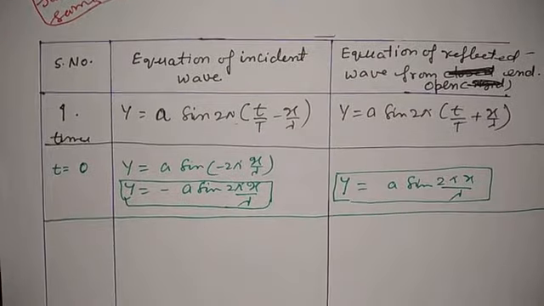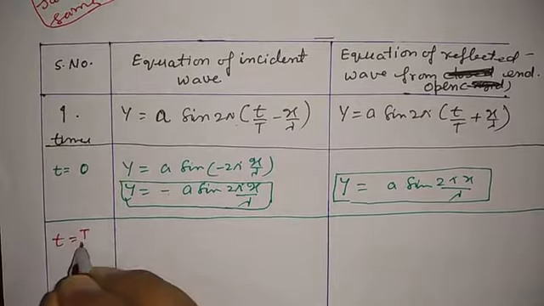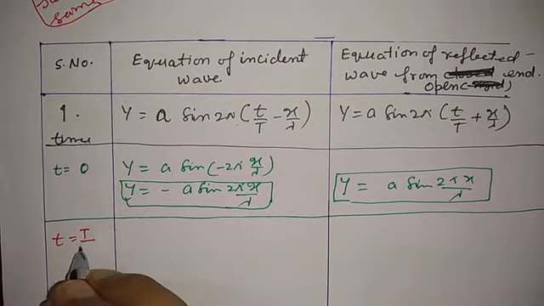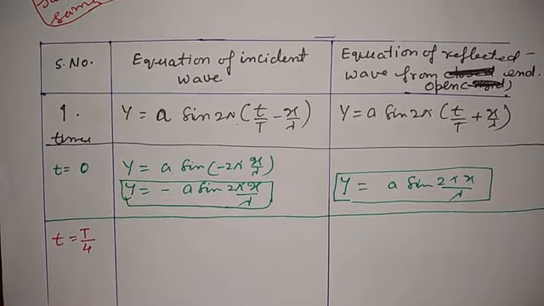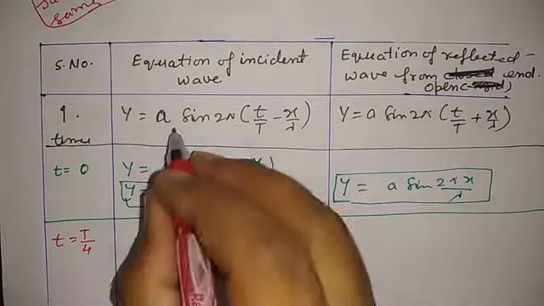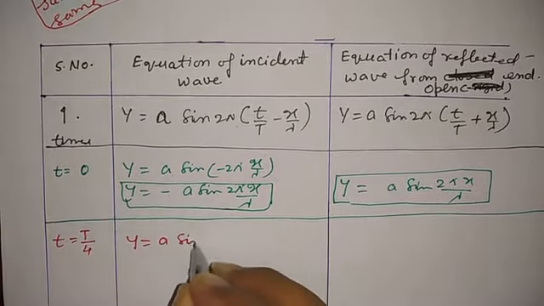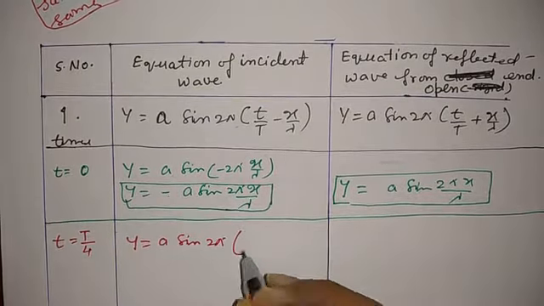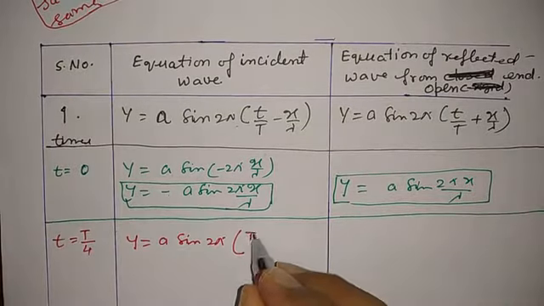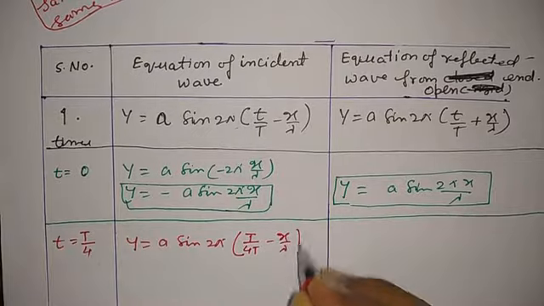Now see here in the mathematical expression, when we take time equal to 1/4 of the time period, putting the value in our general equation of the incident wave, y becomes a sine 2 pi in place of t, capital T by 4, t minus x by lambda.